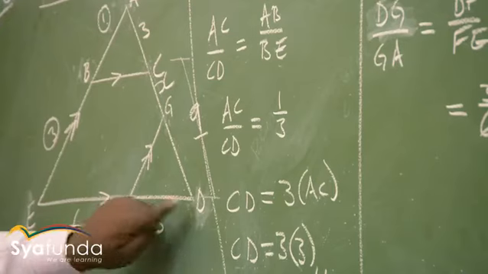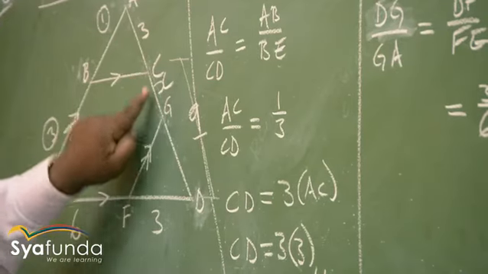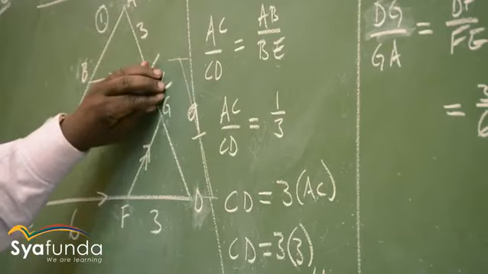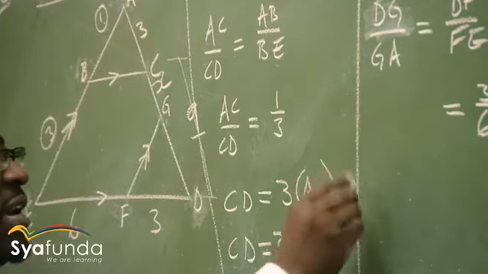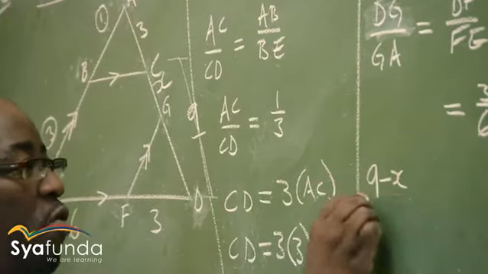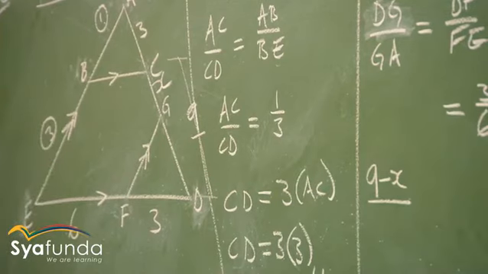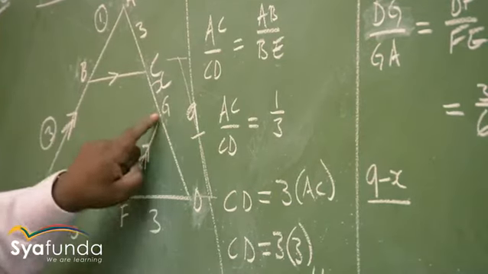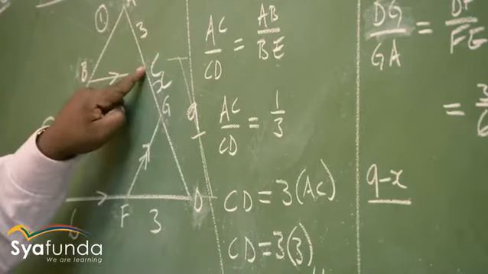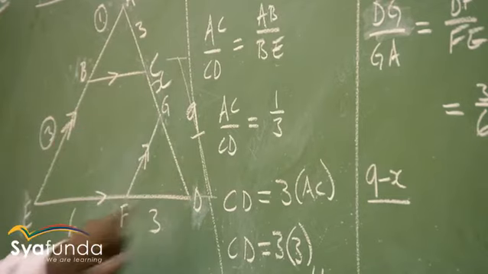In other words, dg is the same as 9 minus x. So instead of dg, I can write 9 minus x over.